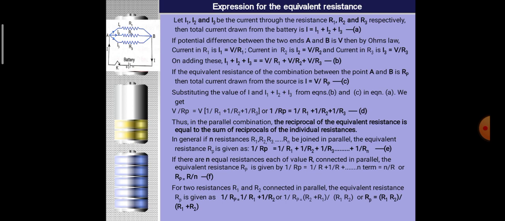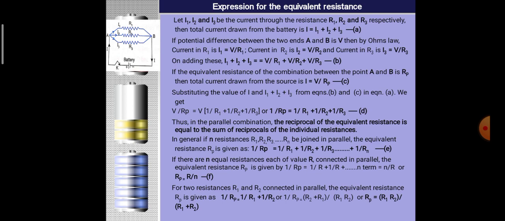On adding these, I1 plus I2 plus I3, we get V by R1 plus V by R2 plus V by R3, which is equation B. If the equivalent resistance of the combination between the points A and B is Rp, P standing for parallel connection, then total current drawn from the source is I is equal to V by Rp.